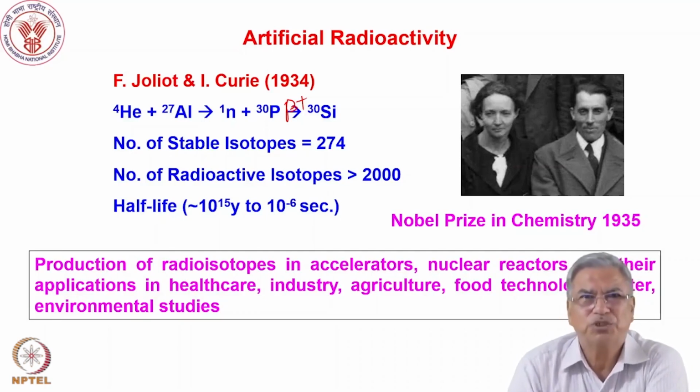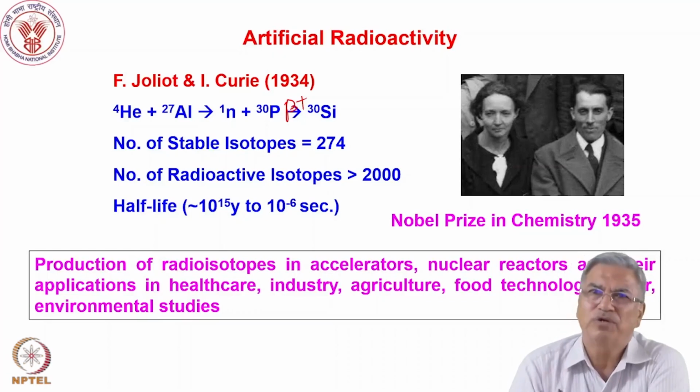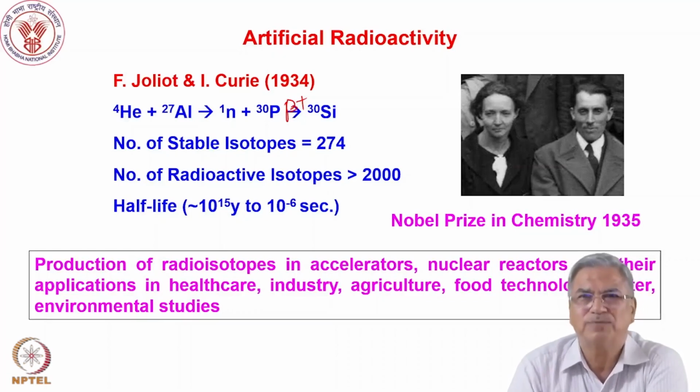These isotopes can be produced by different means, like in accelerators, where we accelerate charged particles like alpha particles, protons, or heavy ions, or in nuclear reactors, where we have neutrons as projectiles, and use them in different fields like healthcare, industry, agriculture, food technology, water, and environmental studies.